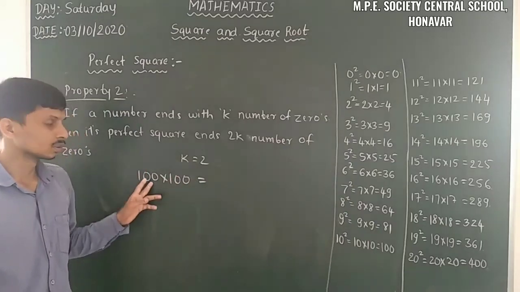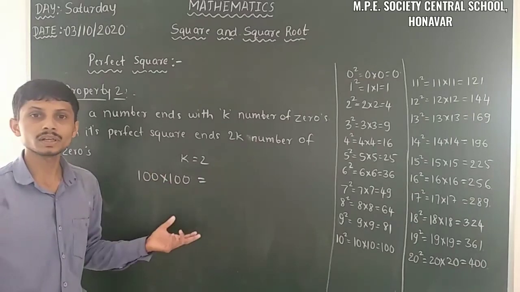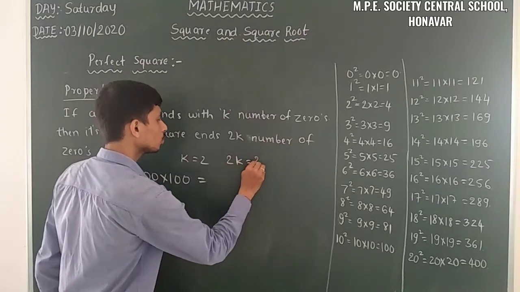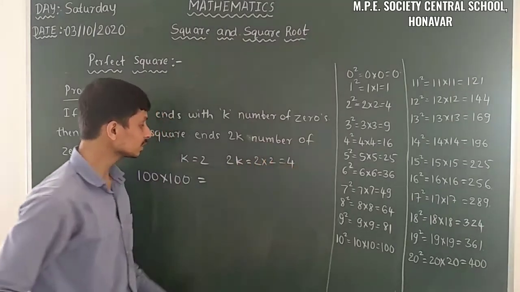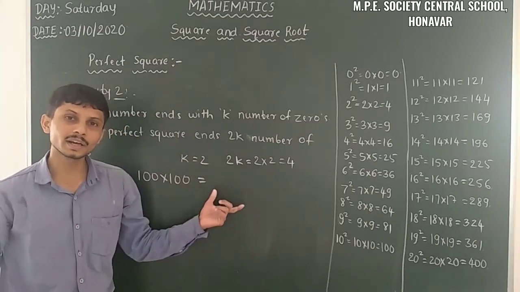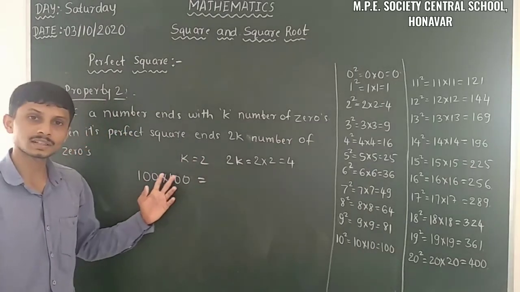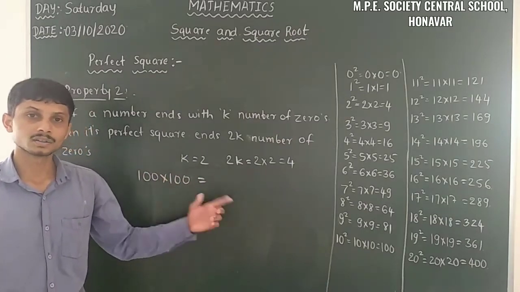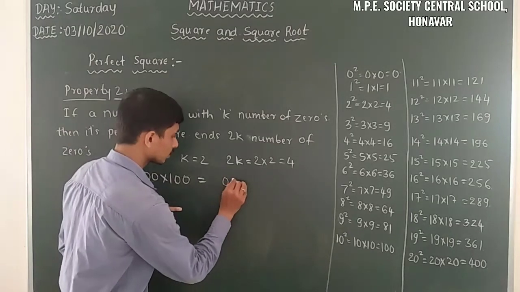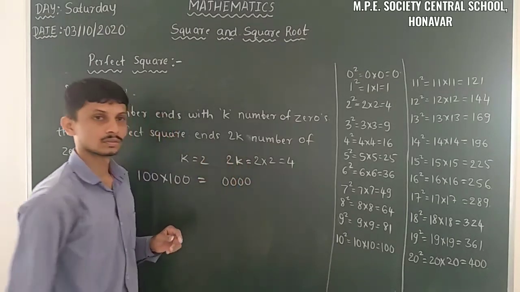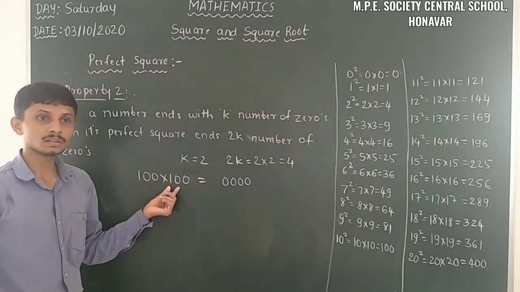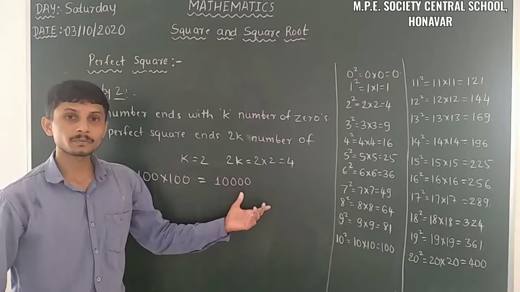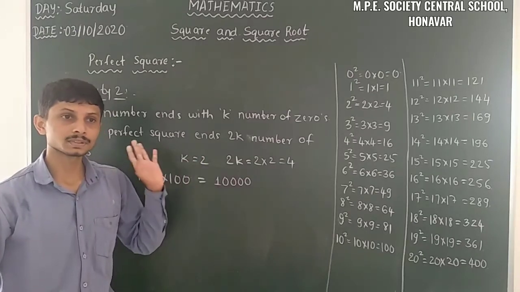It is very easy to calculate the square: 2k, 2 into 2 is equal to 4, so the perfect square ends with 4 zeros. Here 2 zeros and here 2 zeros, you add them and write 4 zeros. Then 1 into 1 is 1. So the perfect square ends with 4 zeros.